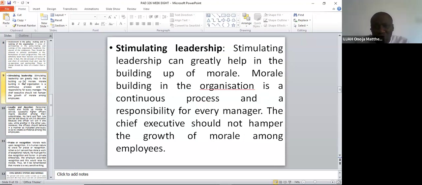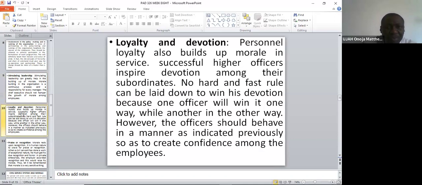There should also be that leverage that employees should enjoy in terms of having greater opportunities and responsibilities within the organization. So when they are carried along and they are not considered not relevant in the system, there's the tendency that they will perform better. And leadership roles should be accorded employees within an organization.